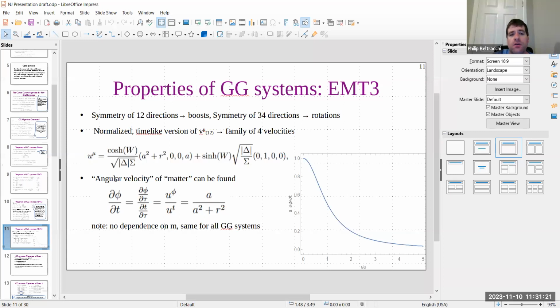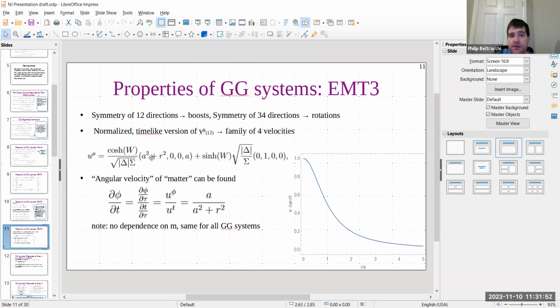If we choose a normalized time-like version of our 1, 2 eigenvector, this can be interpreted as a 4-velocity with some boost parameter, which I just write as W here. Although the boost parameter is arbitrary because of the boost symmetry, it's possible to find an angular velocity term using the following method.